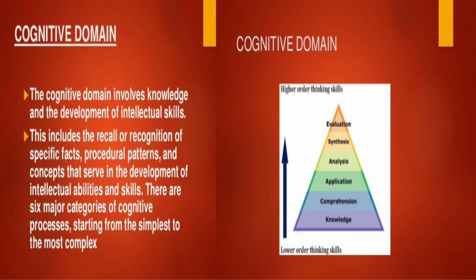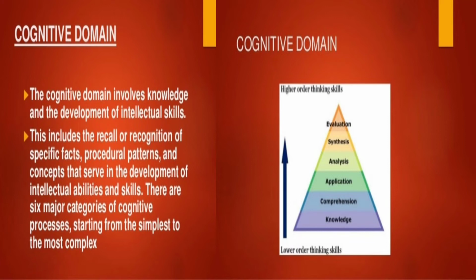Knowledge is mainly referred to when the action verbs used to indicate the knowledge level are listed like write, list, define, recall, etc. Whereas in comprehension, the action verbs will be explain, summarize, describe the cell structure, like that.